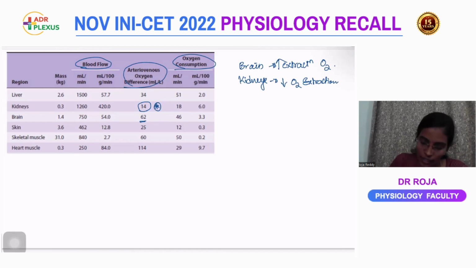Then, if you look at the blood flow, there are certain points which you need to remember. These are basically memory things. The first thing is that the greater blood flow per minute is towards the liver and the kidneys. A greater proportion of the cardiac output will be reaching the liver, followed by the kidney.